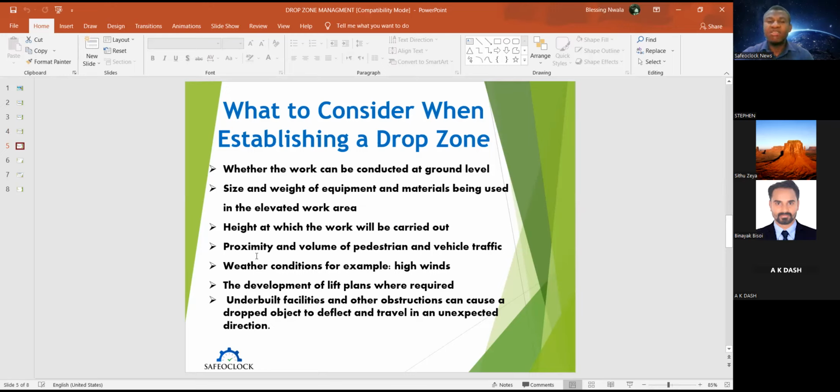Okay, then the next thing to consider is the proximity of people that move around that area, the closeness or the volume, how many people are near that area. If it's in a workplace, how many workers cross that location.